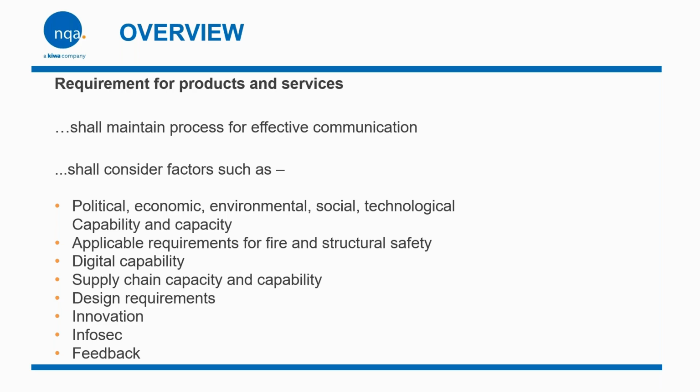You look at innovation, so take into account opportunities for innovation that can improve quality, efficiency, and sustainability. Information security: address requirements relating to protecting sensitive data and complying with information security standards. Looking at feedback mechanisms, incorporating feedback from clients, users, and other stakeholders to refine and improve product and services delivery.